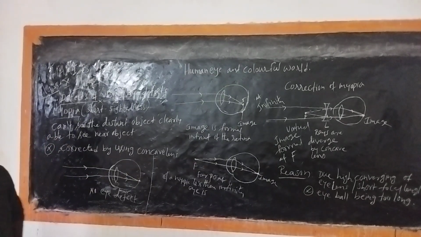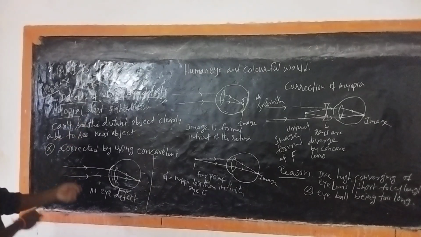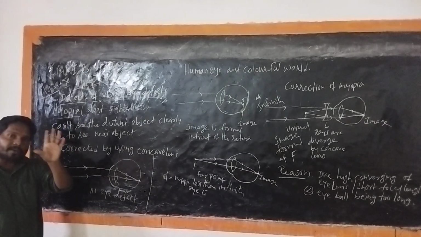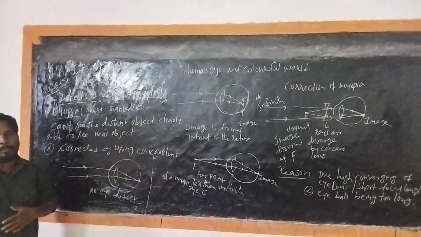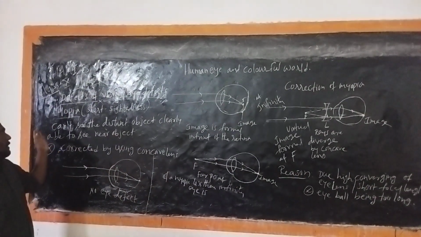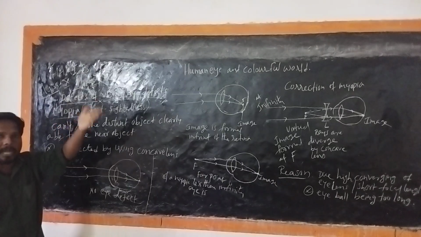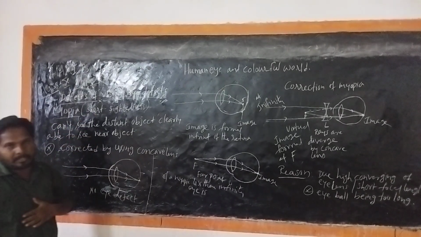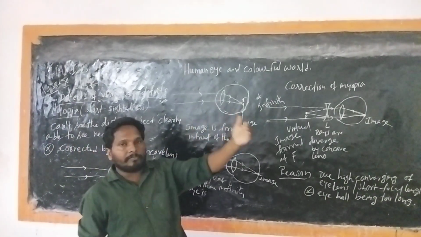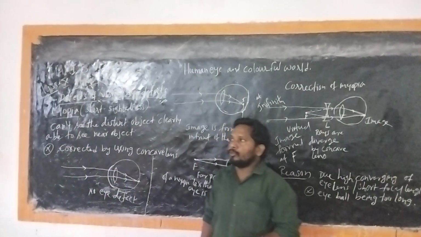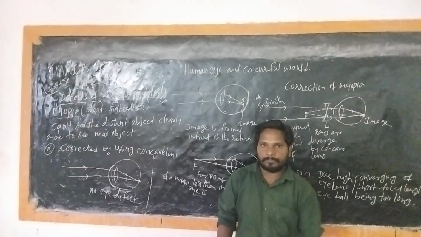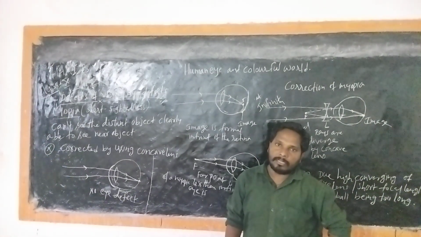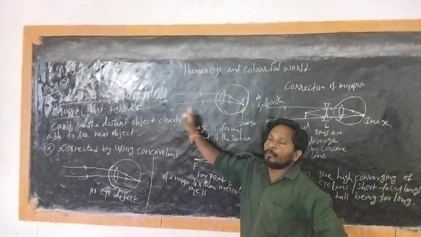If a person is suffering from myopia, he or she cannot see distant objects clearly but is able to see nearer objects. Such a defect of vision is called myopia.